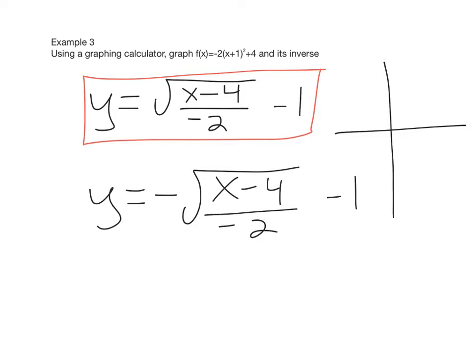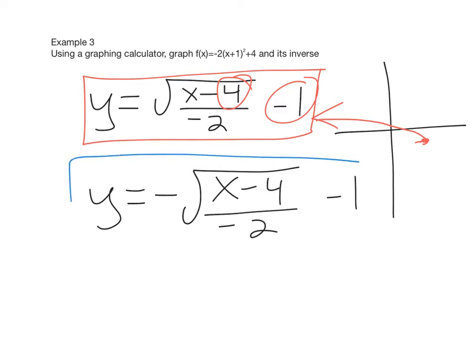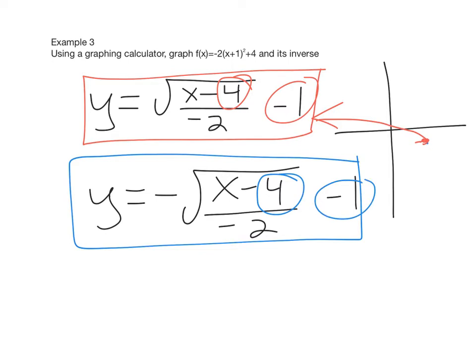So we're going to see it starting at 4 and negative 1, and it will open back. Our second equation here will also start at 4 and negative 1, but it is the negative root, so it's going to be the arm that opens downward.